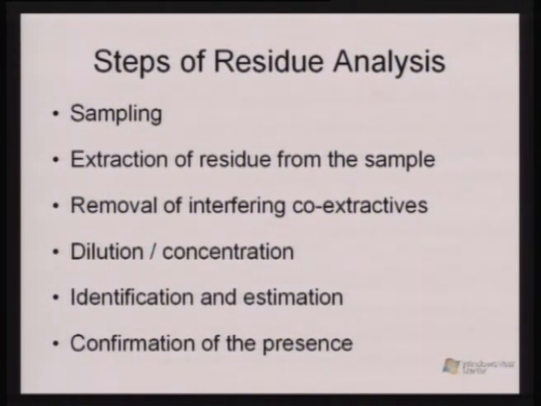Now if it is a food sample, then the basic idea is to extract the fat from the sample first. After extracting the fat, we have to extract the residual pesticide from the fat using ether, and then dry this ether part of the sample and reconstitute using hexane or methanol.